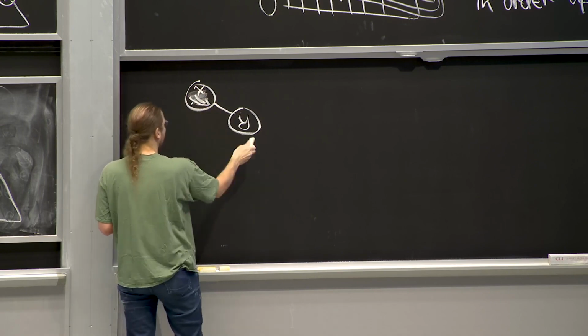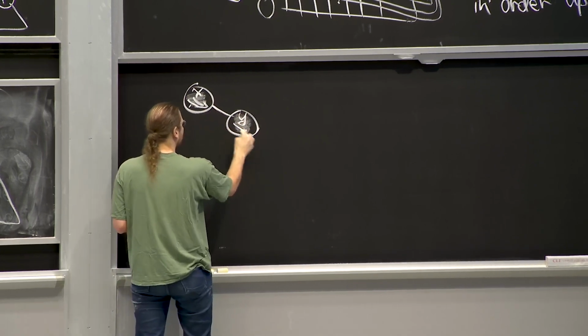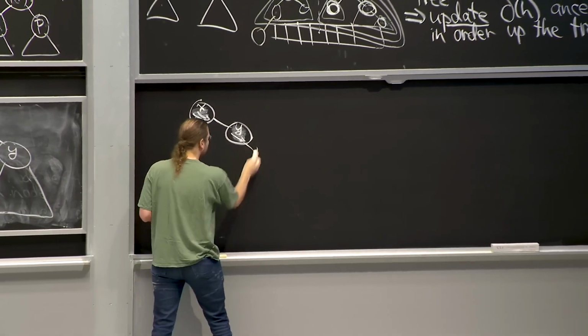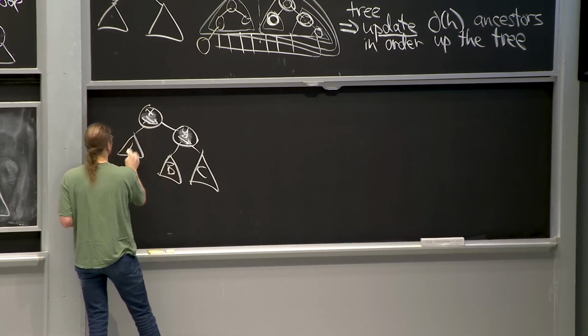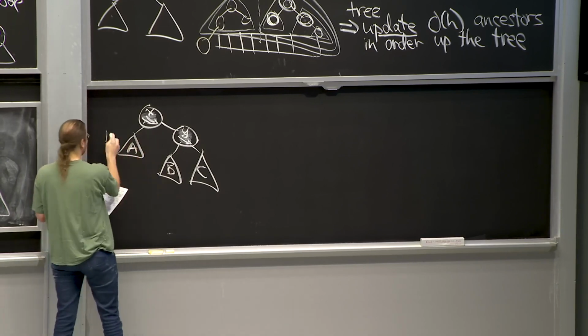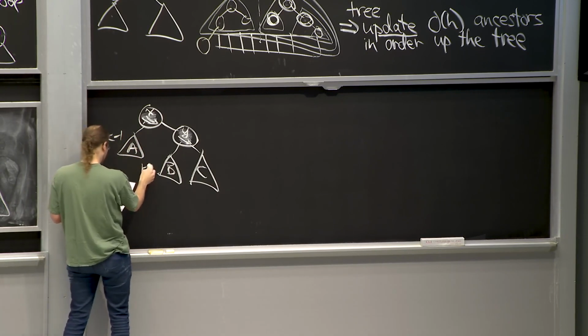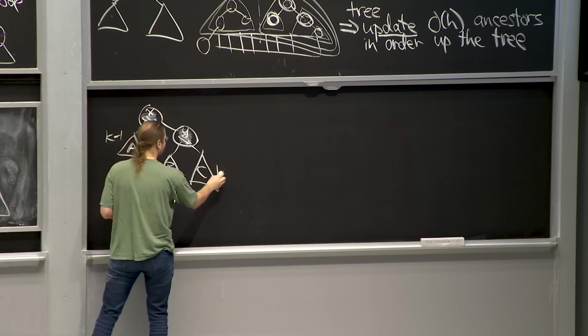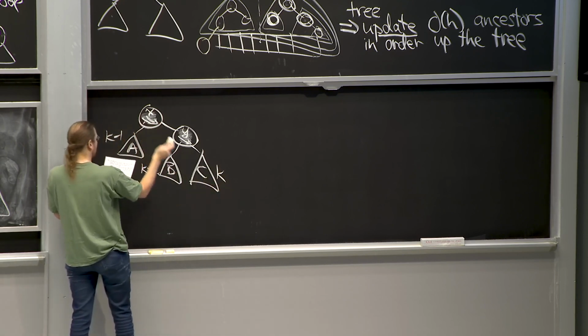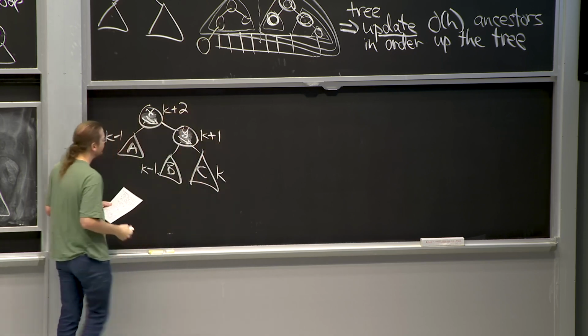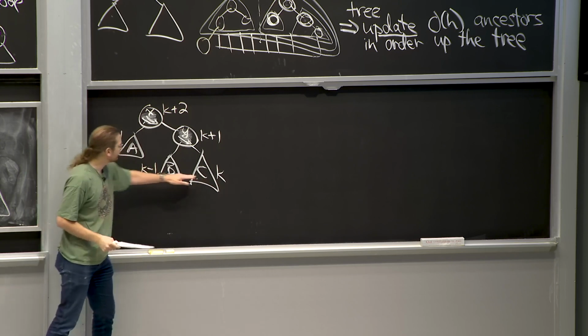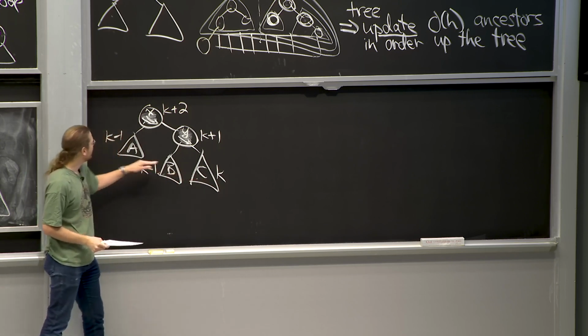So double right arrow, and let's say single right arrow. I'm just going to add some labels here to make this picture consistent: k plus 1, k plus 2. I'm writing the heights. So this is an example where C is taller than B.